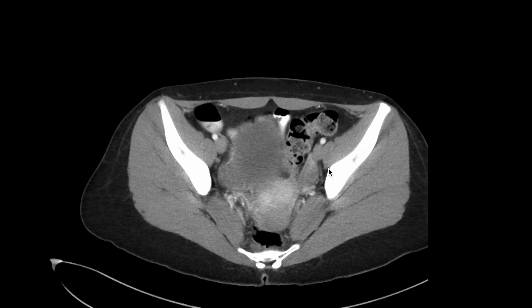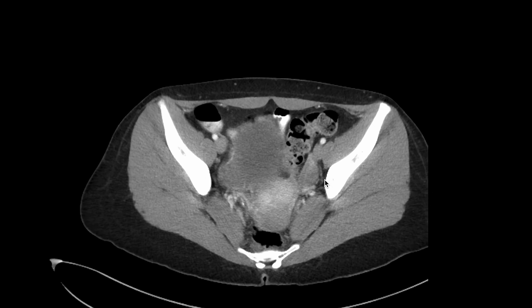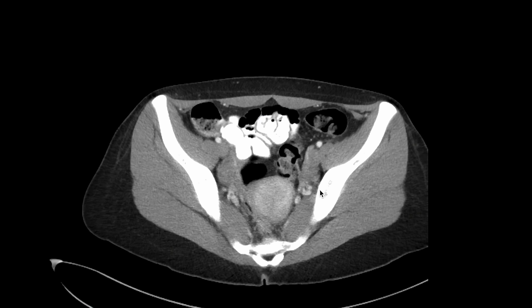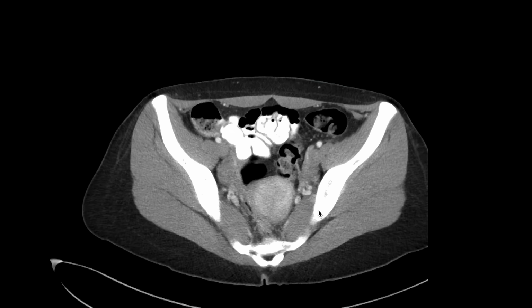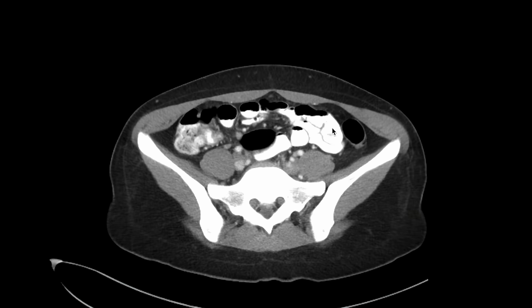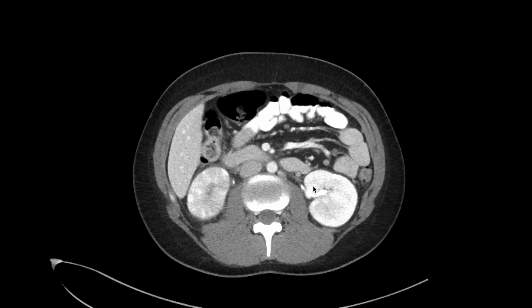Sometimes it can be difficult to find the ovaries. The best way to find the ovaries when you can't find them, specifically if you're looking to see if a mass is coming from the adnexa or the ovary specifically, rather than a mass that's not associated with the ovary, is by following the vascular pedicle. So if you follow the vessels down, you can often figure it out. So for example, here is the IVC on the right here, and draining into the IVC directly on the right is the gonadal vein.